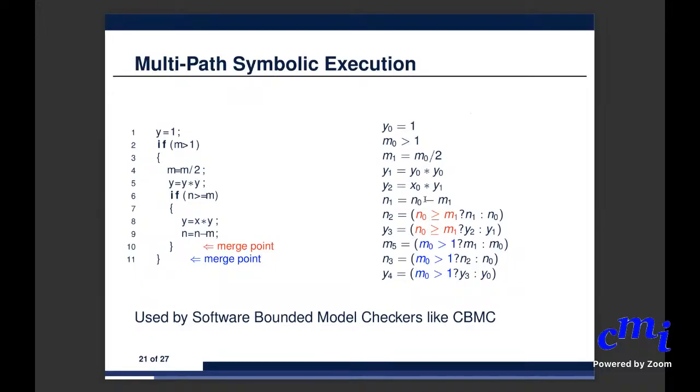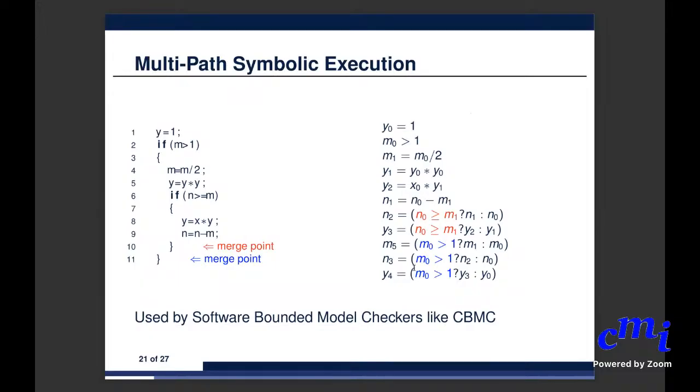And you can see that you're introducing extra variables here, one for every merge point, one for every variable that is modified in those if then else conditions.